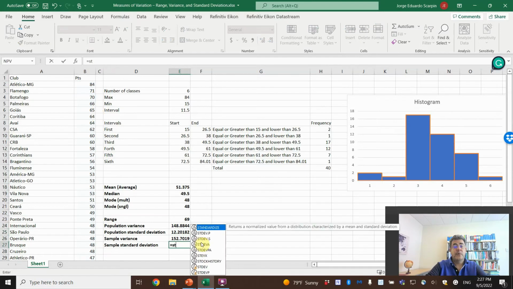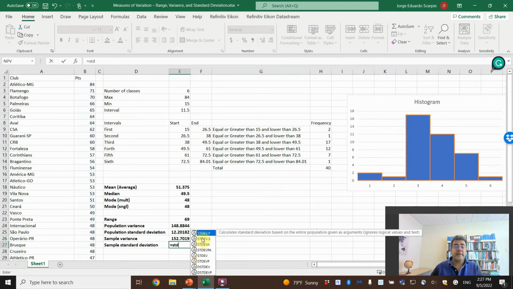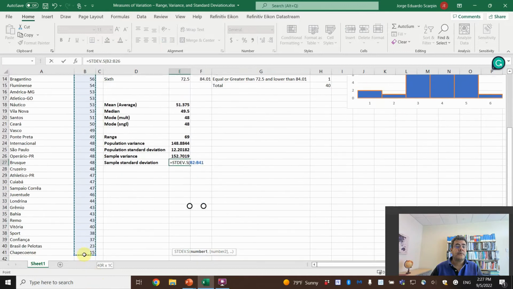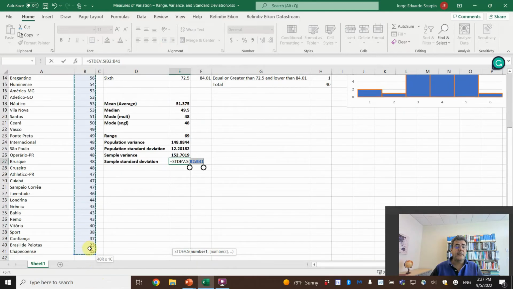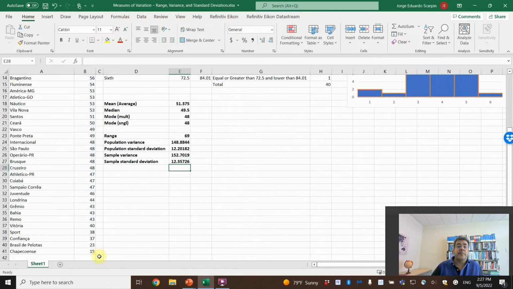For the sample, STDEV.S. Again, here it is a little bit higher, because the sample variance is a little bit higher, so the sample standard deviation is also a little bit higher, because the square root of a higher number is also higher.